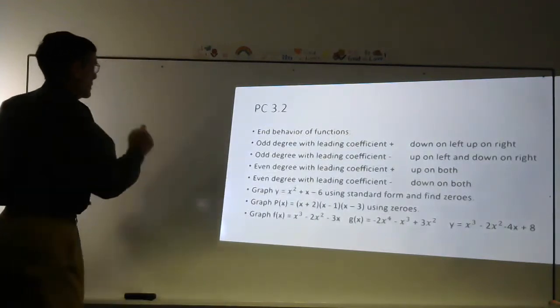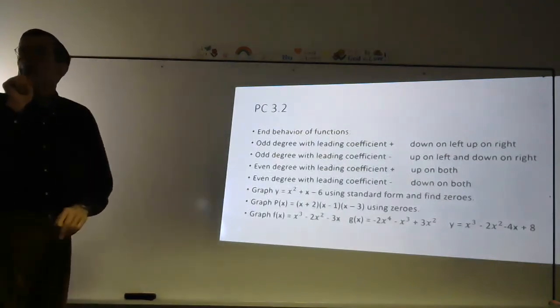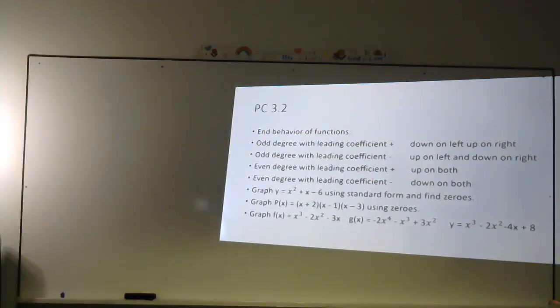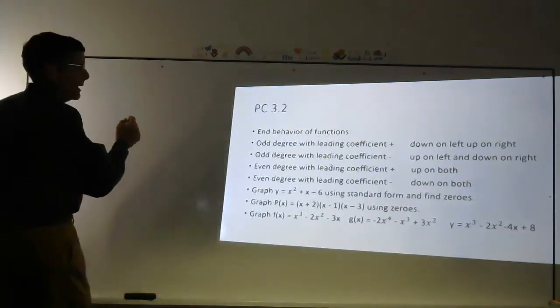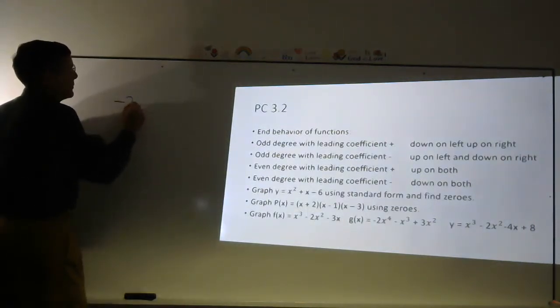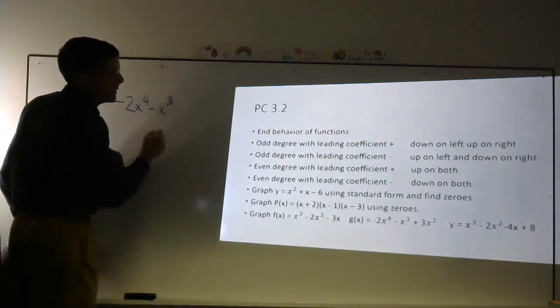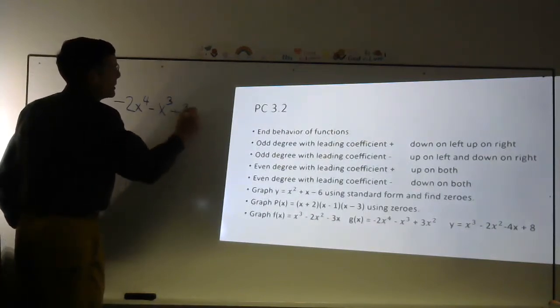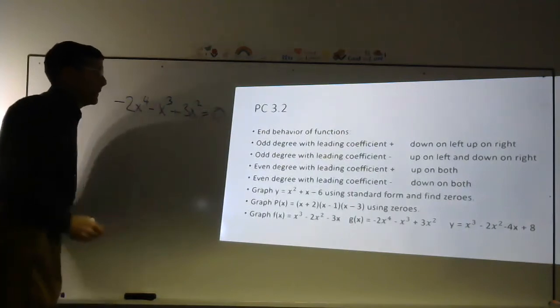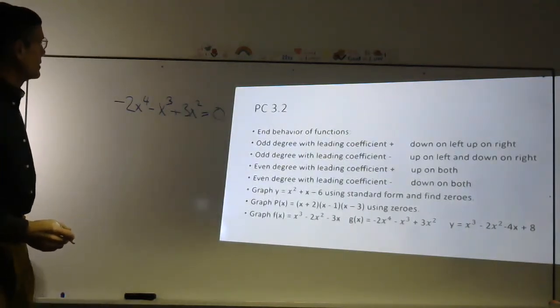Try the next one. g of x. Okay, let's do the next one. g of x is negative 2x to the 4th minus x cubed plus 3x squared. And we're going to try to find the zeros so we can sketch it.